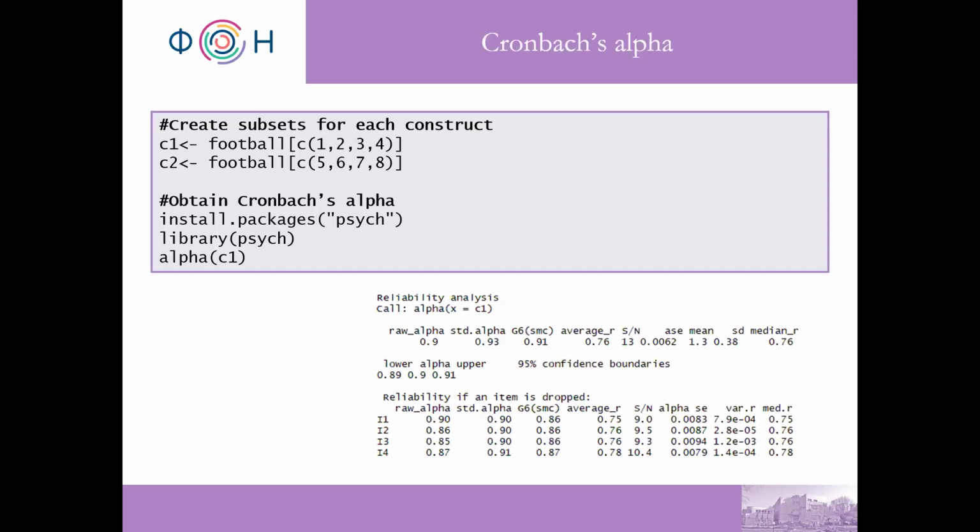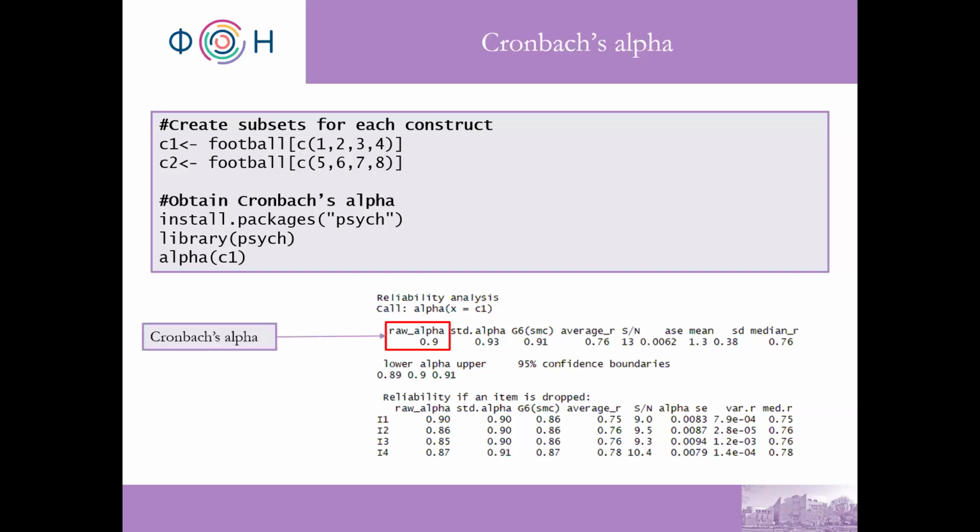The function for calculating Cronbach alpha is pretty straightforward. It is just alpha, where the parameter is the subset on which we want to calculate our Cronbach alpha. So, for example, if we are calling Cronbach alpha for the first latent variable, here would be our results.